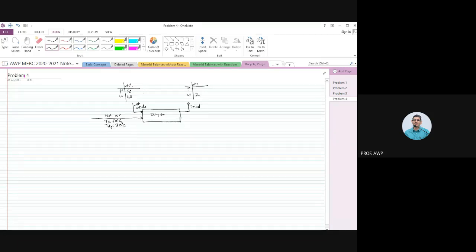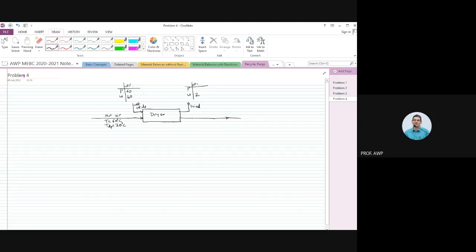So the air going out of the dryer will obviously be cooler than 60 degrees centigrade, and it will have more humidity. Do you agree with that? Yes, sir.